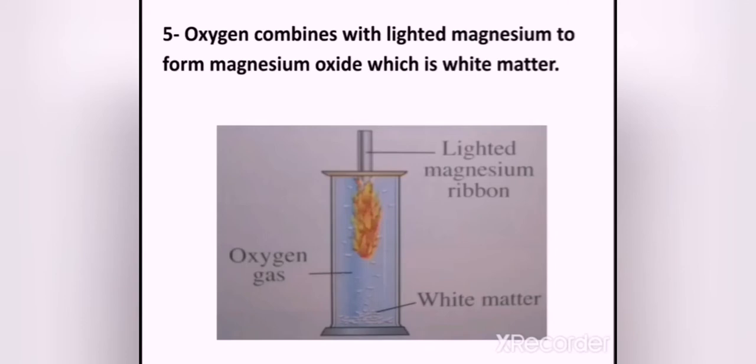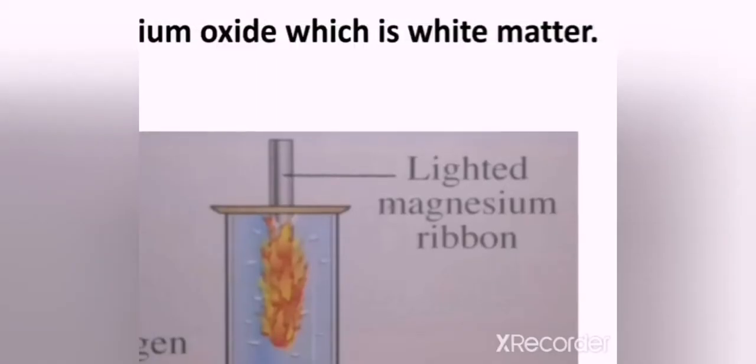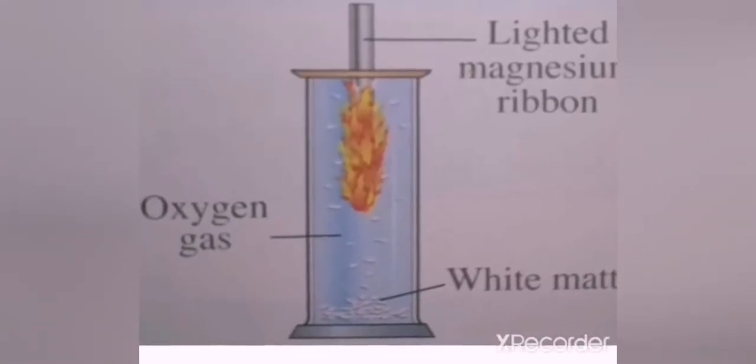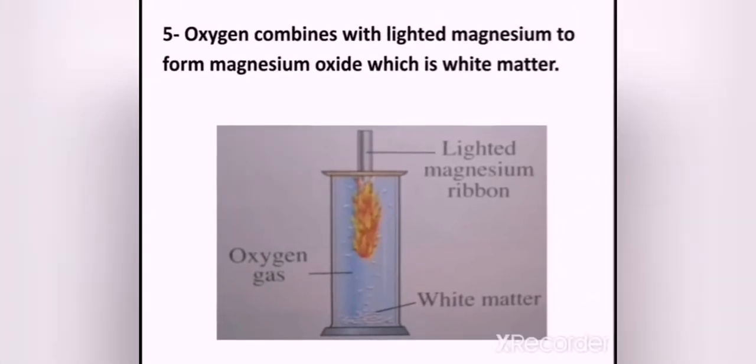So when it combines with magnesium, it will produce magnesium oxide. This magnesium oxide is a white matter.